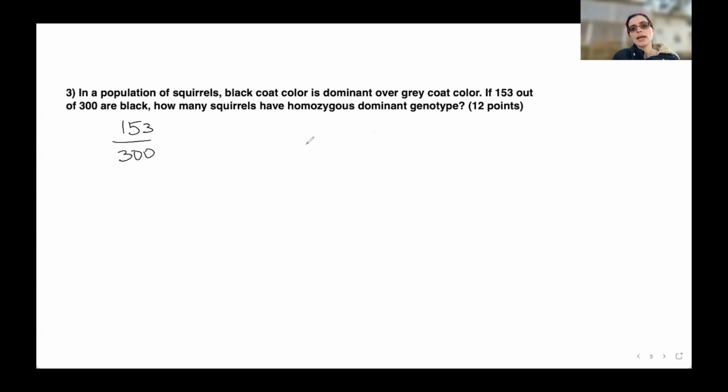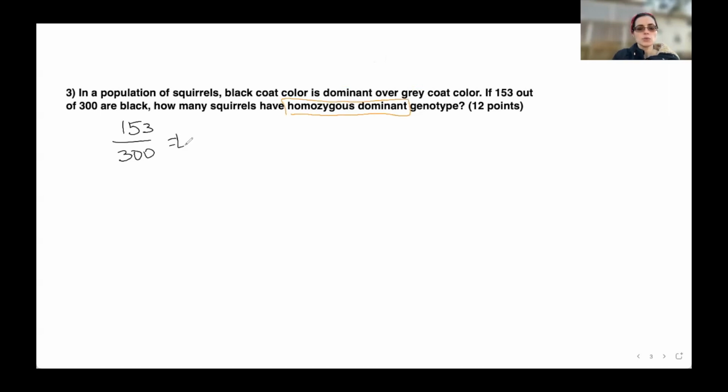That would be all the squirrels that are expressing the dominant allele. Well, the problem is that that includes both the heterozygous squirrels and homozygous squirrels. And we need to find a way to find just the homozygous dominant.